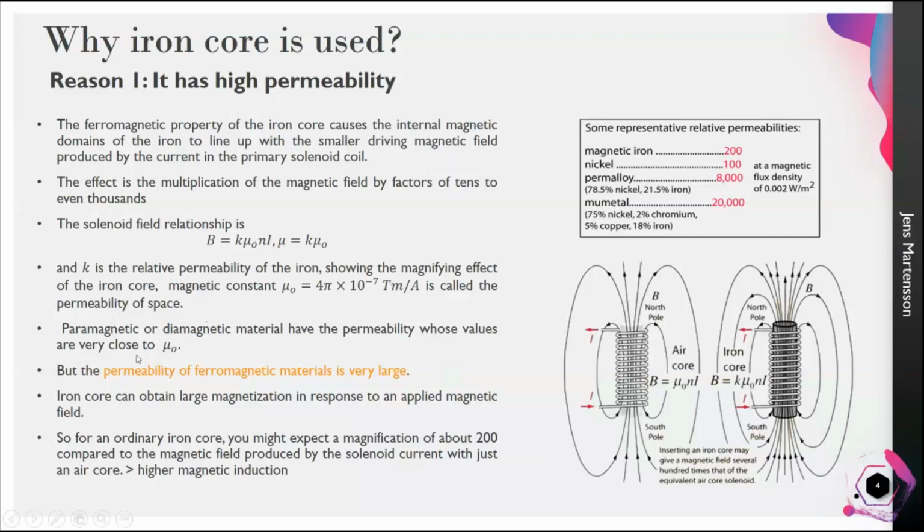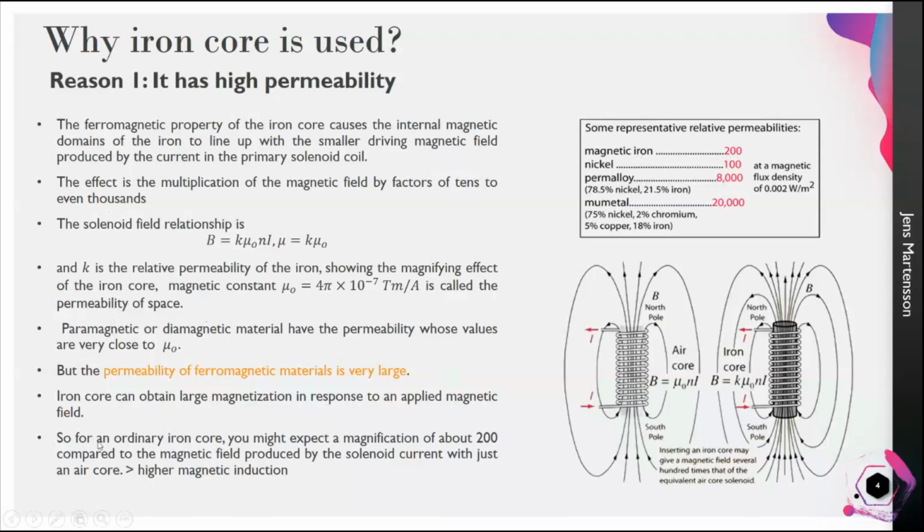On the other hand, the permeability of ferromagnetic material is actually very large. You can see in this table, the relative permeability of iron is actually 200. So an iron core can obtain large magnetization in response to an applied magnetic field.